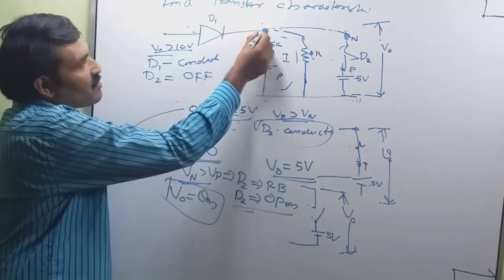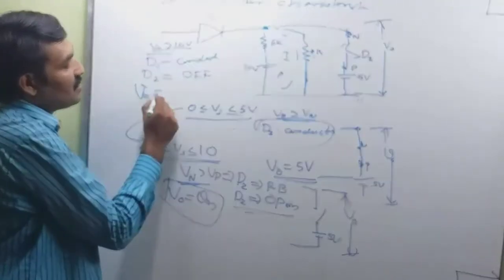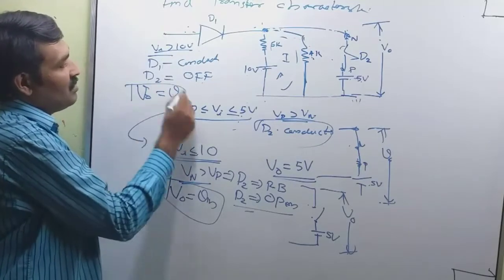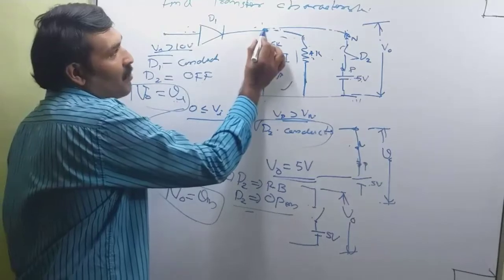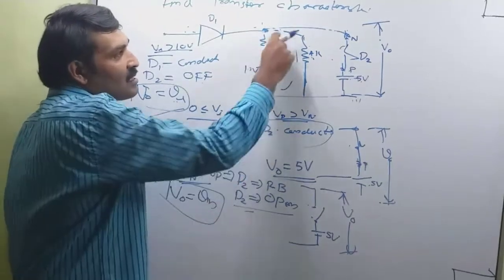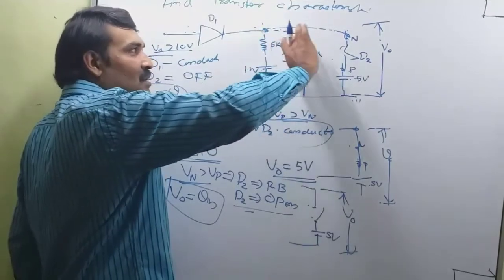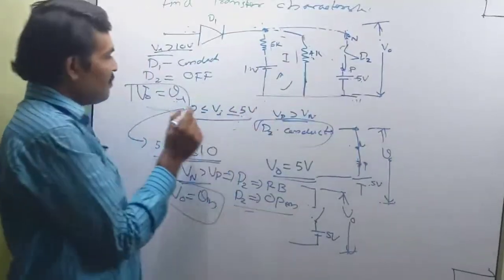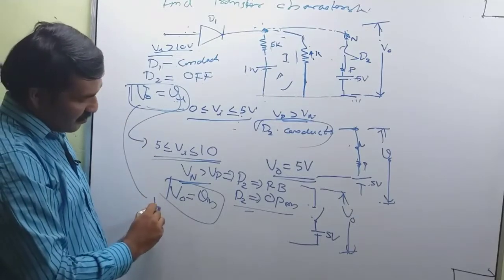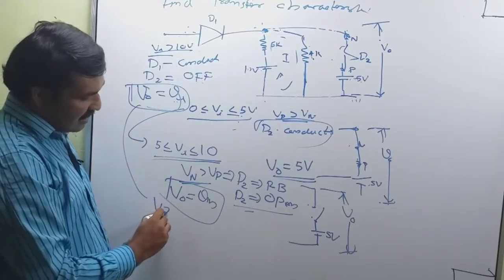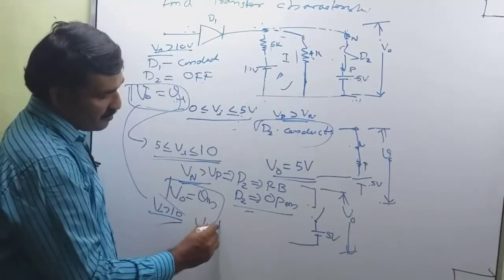So the voltage across this point is the same as Vi, and V output is the same as V input. D1 conducts, meaning it is closed. So Vi is the applied voltage that will come across this point, and these 3 elements are in parallel, and this will not conduct. So the voltage across this element is the same as V naught. Under this condition, if Vi is greater than 10, V output is the same as Vi.